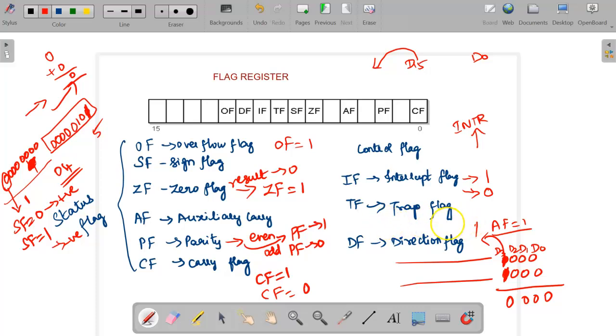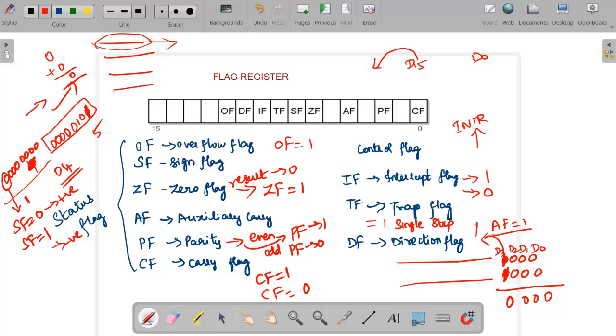Trap flag means that whenever TF is equal to 1, the processor will go for single step execution. That is, it will execute the instructions step by step. If you have multiple instructions, say 3 or 4, after executing the first instruction the 8086 will pause and give the result.